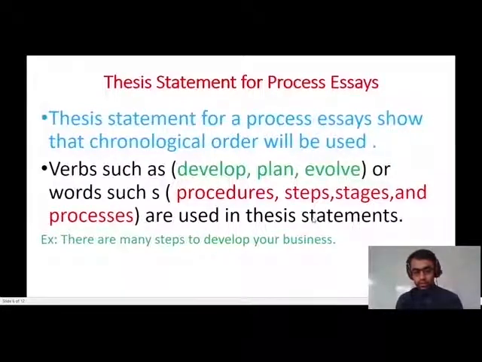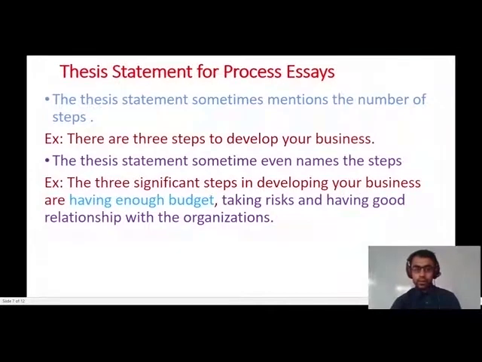He hasn't mentioned the number, but still it's clear that this will talk about the steps for developing our business. The thesis statement should sometimes mention the number of steps. I mentioned before, sometimes we make our readers clear on how many steps we are going to talk about.